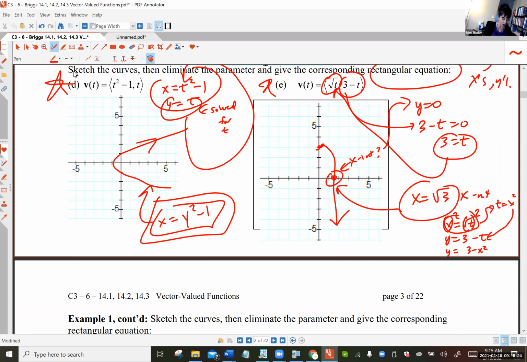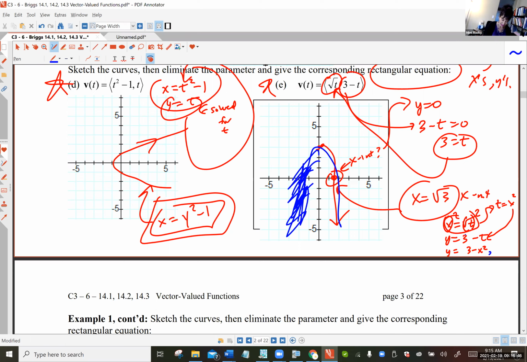Why not? Because y equals 3 minus x squared, if you were to graph that on your graphing calculator, gives you the entire parabola. And we want only half the parabola. So we need to erase the left-hand side of our parabola. The way that we're going to do that is what's called restricting the domain.